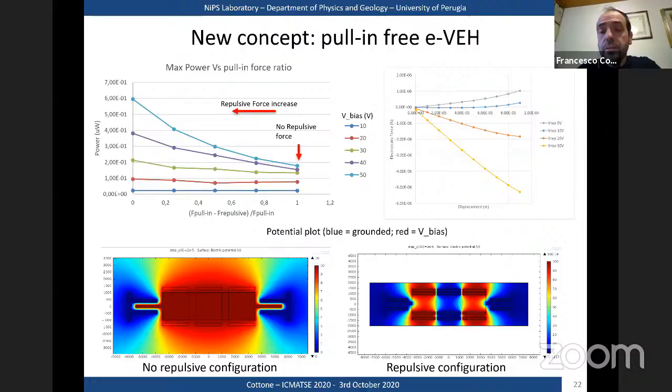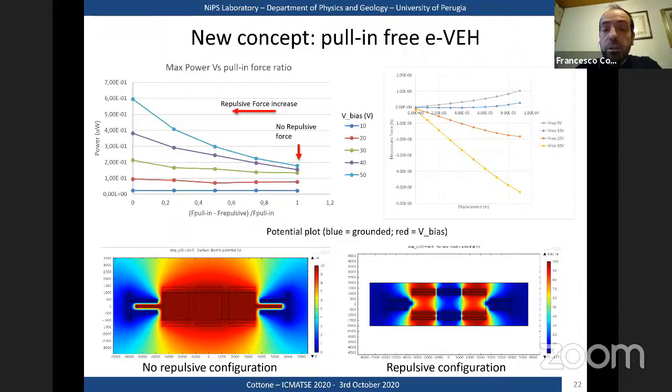So this is another research that is ongoing. These are just preliminary results, but it's quite promising. In principle, this can avoid stiction of the combs in this type of generators.